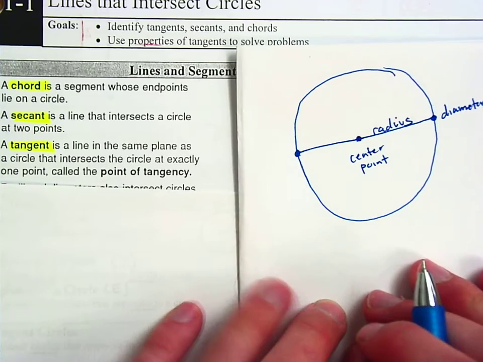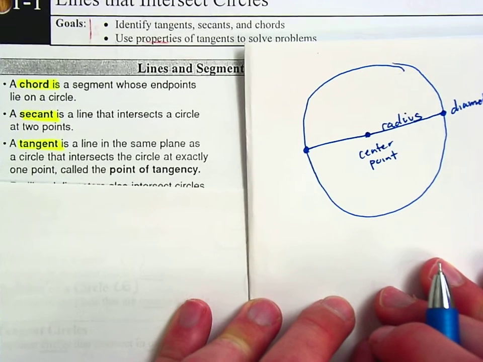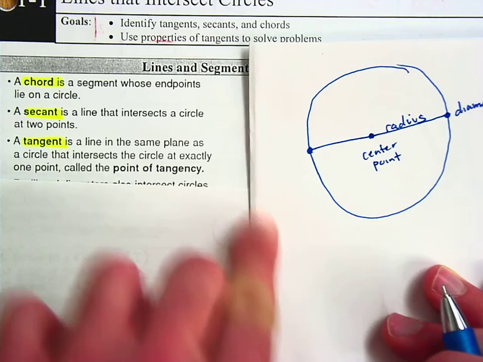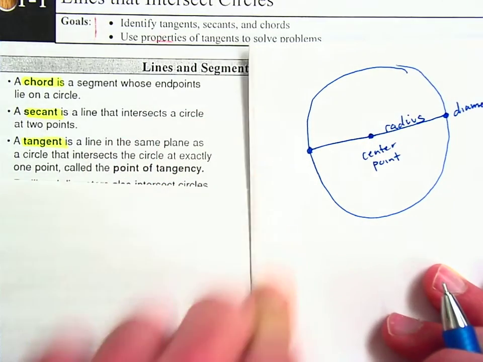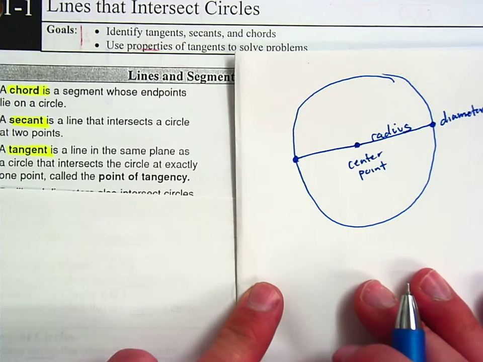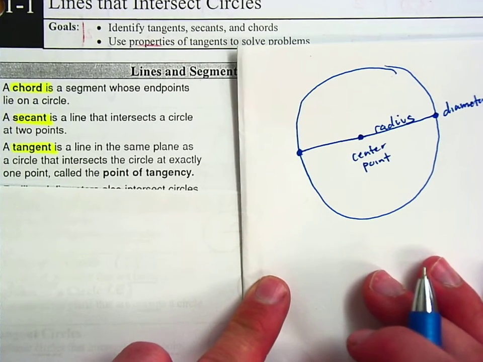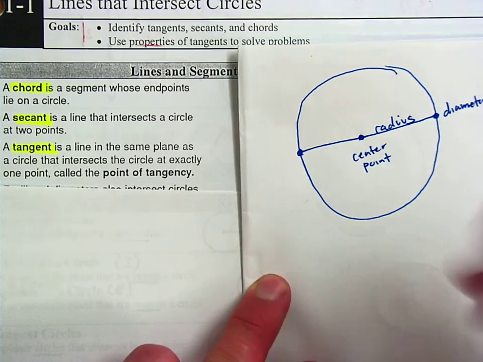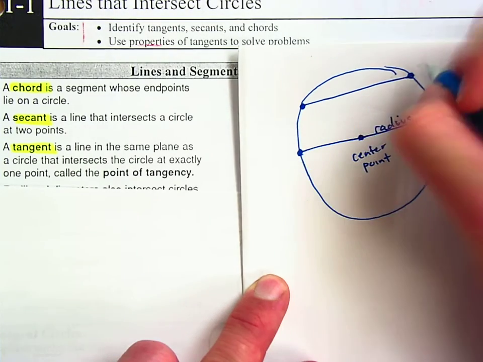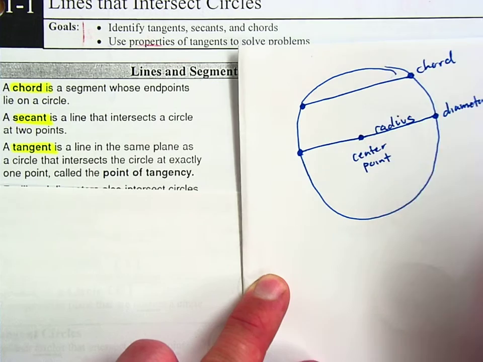Well, we have those things in our head already, but there's actually 3 more lines or segments that are special to circles. The first is called a chord. A chord is a segment whose endpoints lie on a circle. And so a chord looks something like this, and it's actually kind of familiar to us, right?